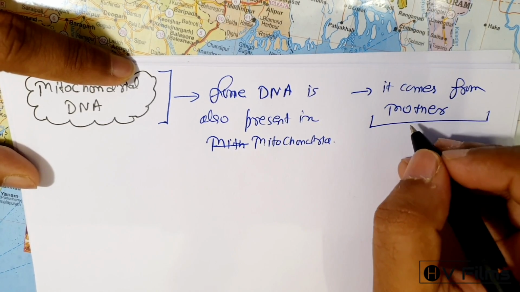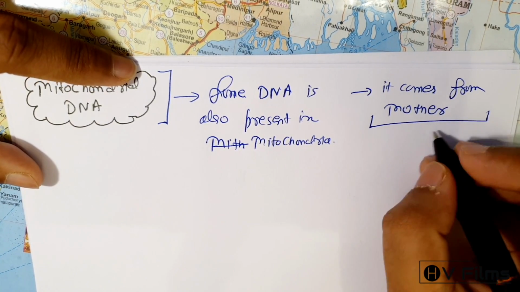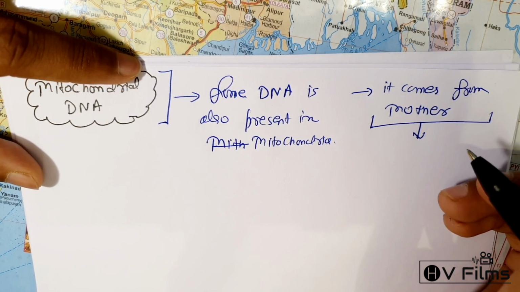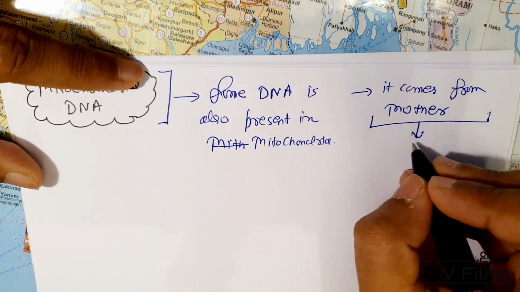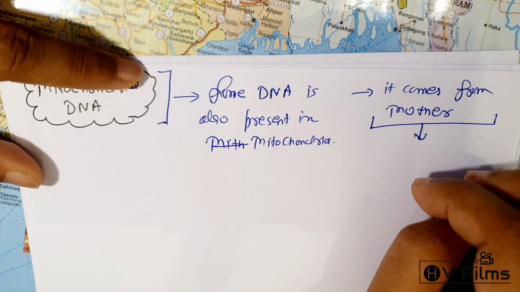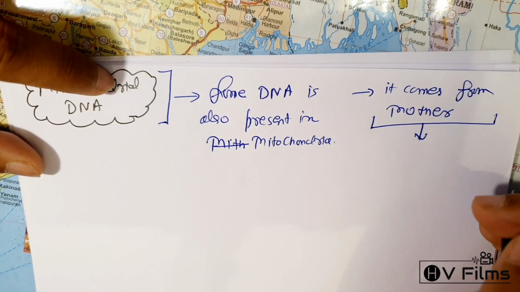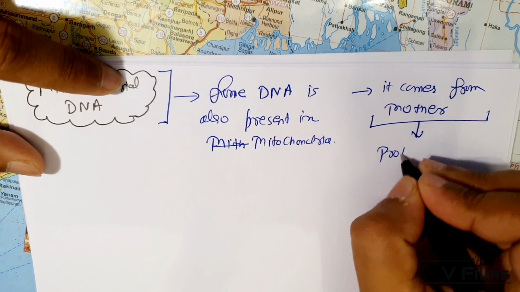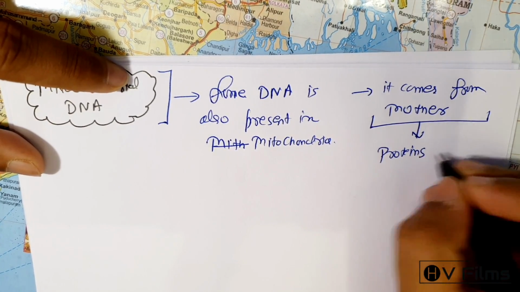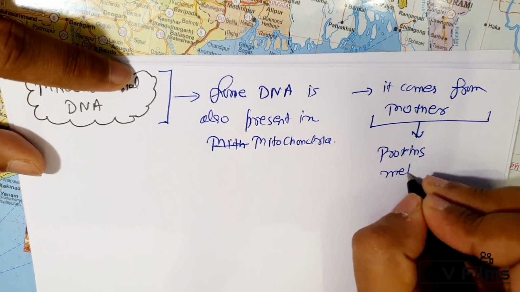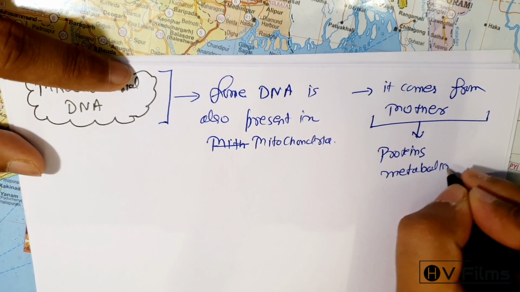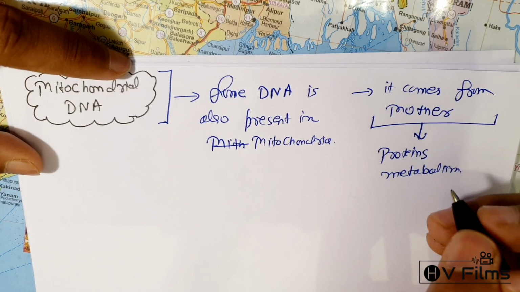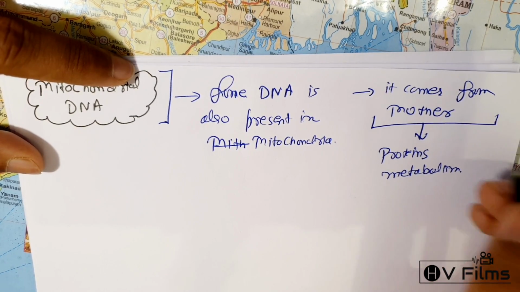And this mitochondrial DNA is responsible for the specific protein's metabolism, whereas the one received from the father is responsible for the inheritance itself.